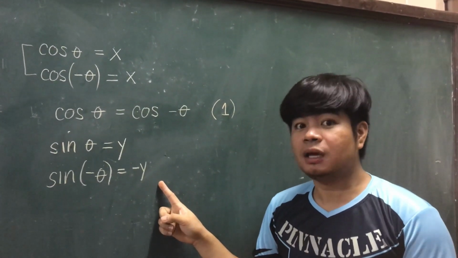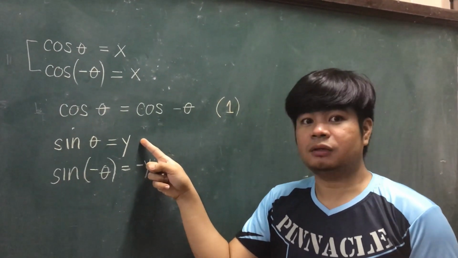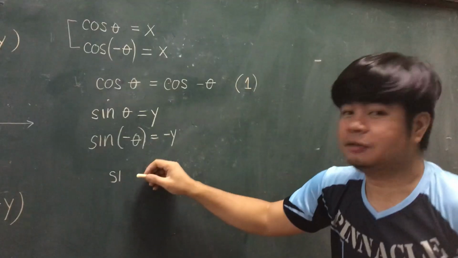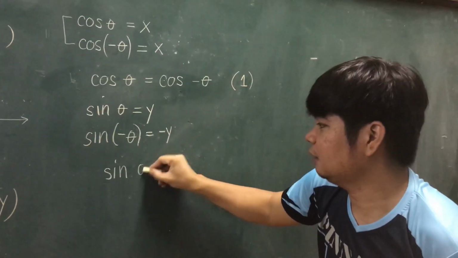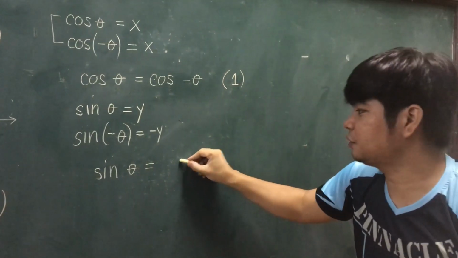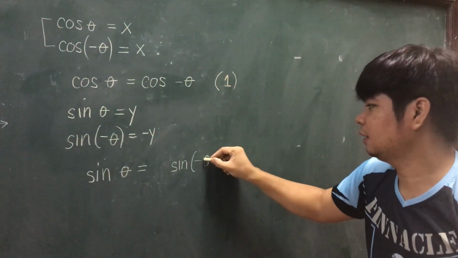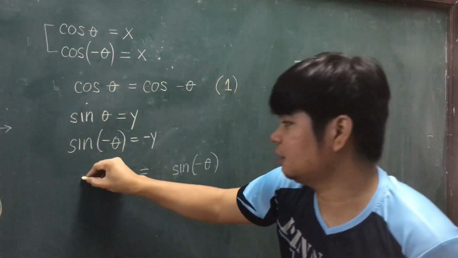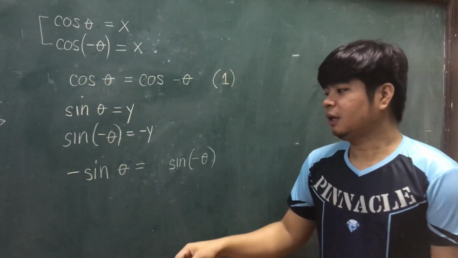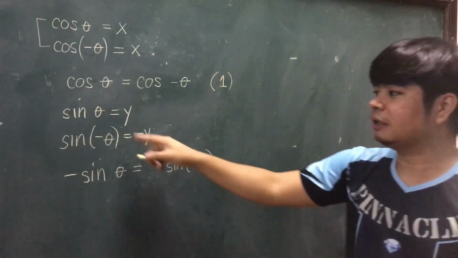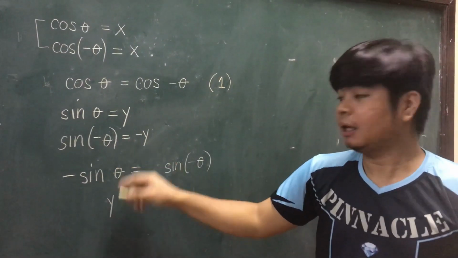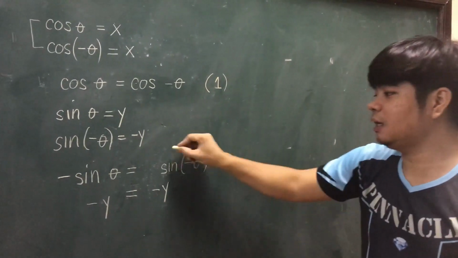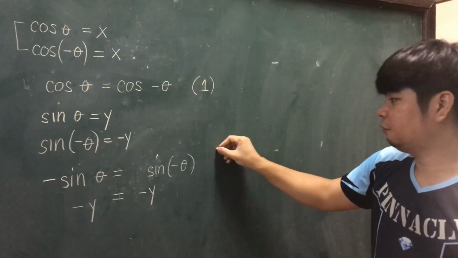For them to be the same, one must be negated, or there must be a product of negative 1 and the function. So sine theta will only be equal to sine negative theta if one of them is multiplied by negative 1. If I say this is negative sine theta, and equate that to sine negative theta, we know that sine theta is y, and negative times y is negative y. So you see they are now the same. Here we were able to form another identity.